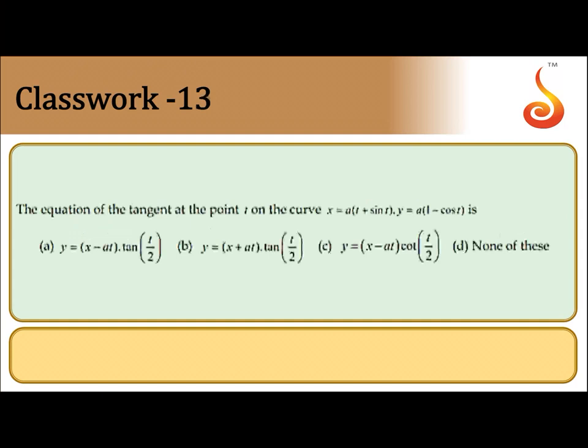Next one. Equation of the tangent at point T on the curve given by x is equal to a times t plus sin t, y is equal to a into 1 minus cos t. The answer is in terms of tan t by 2, so express in terms of half angle values after the derivative.